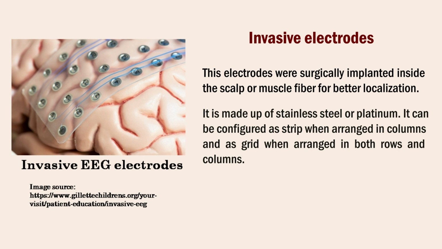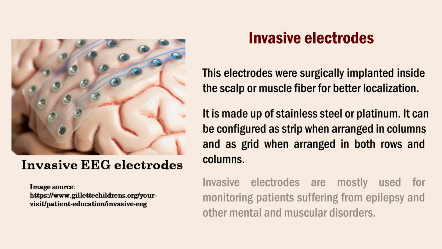It can be configured as a strip when arranged in columns and as a grid when arranged in both rows and columns. Invasive electrodes are mostly used for monitoring patients suffering from epilepsy and other mental and muscular disorders.